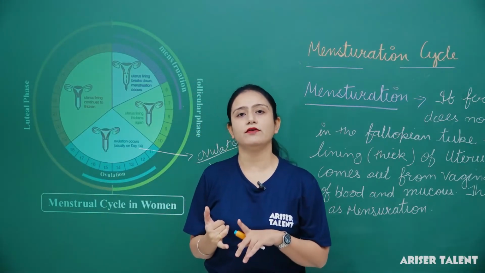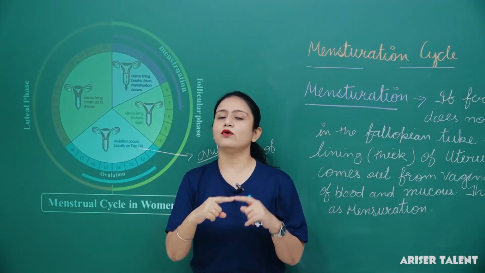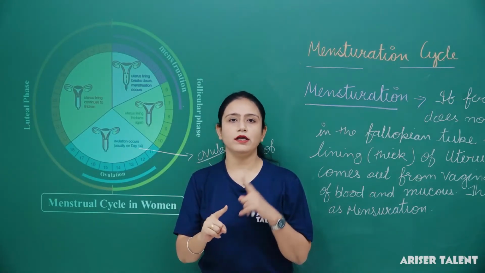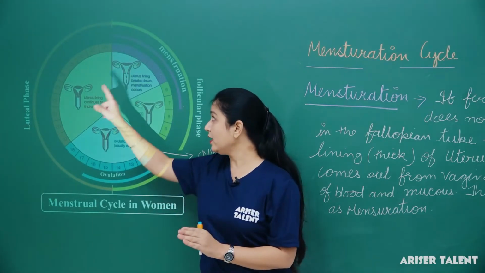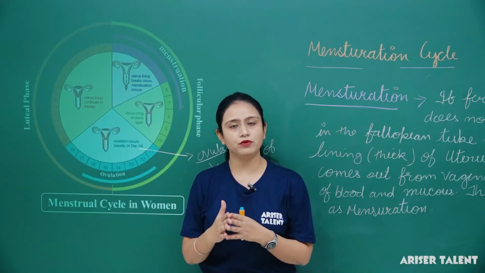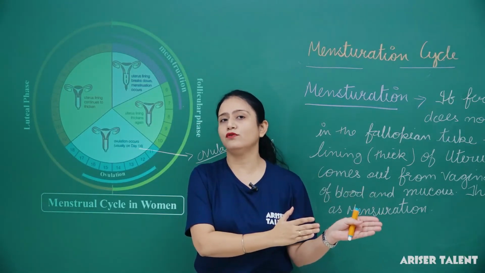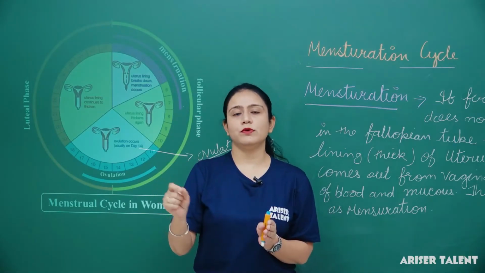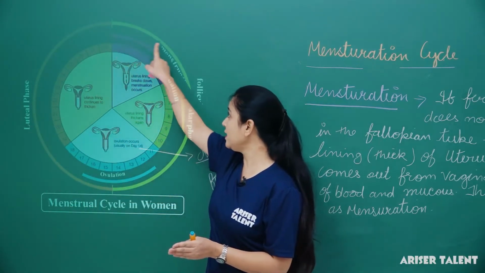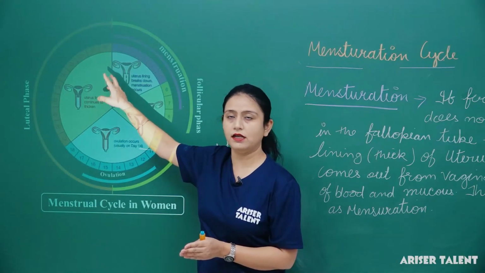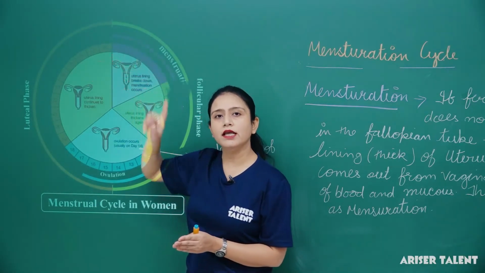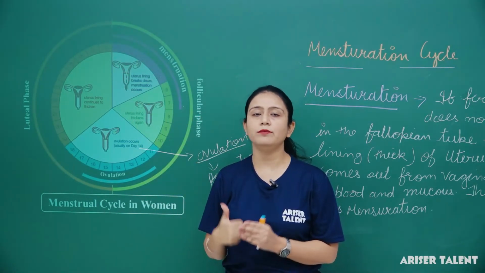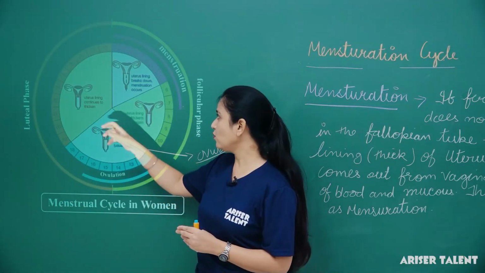This is the reason that we say each ovary produces one ova in 28 days, in alternate order. Like if the left ovary produces an egg on the 1st of October, then after the completion of this menstruation cycle, after 28 days, the right side ovary will produce the next ova.